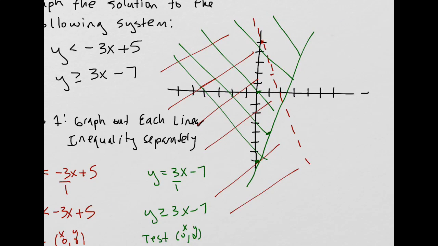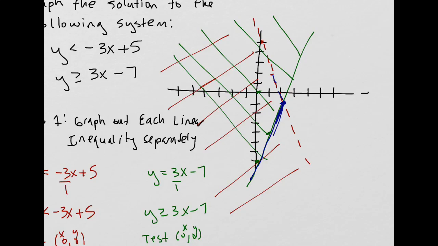So what's the solution? Well, you can see that in that mess, there's a part where the red and the green areas overlap each other. Where is that section? Well, I'm going to try to do it in blue so that we can see it. So there's this point of intersection right over here, and then the intersected area follows this green line down.